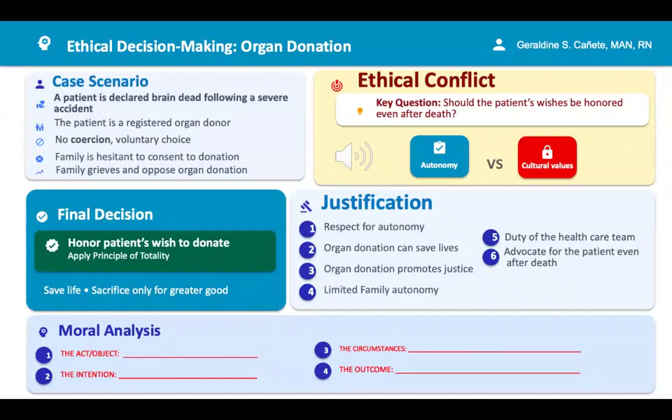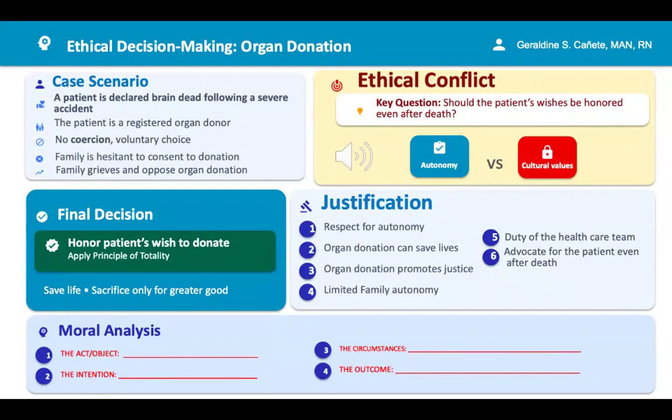And another objection could be, we don't know what the right thing to do is. One appropriate response could be to offer to connect the family with resources and support groups to help them make an informed decision. Now it's your turn to challenge that perspective. Consider these questions.